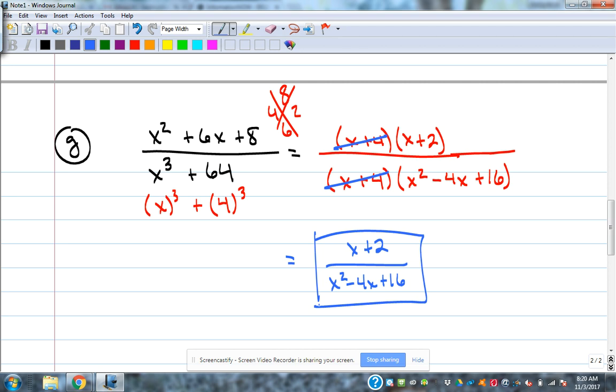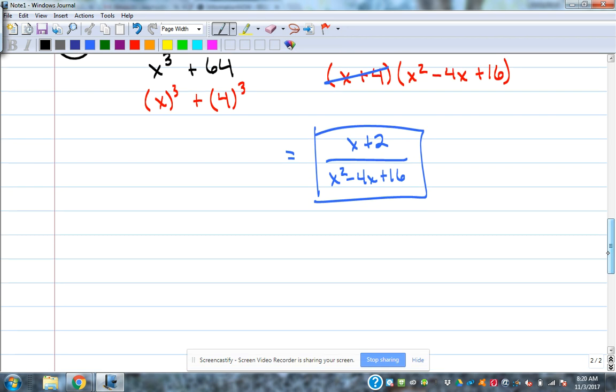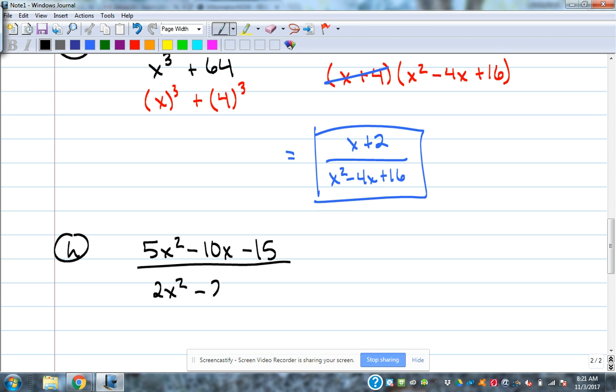And that's the simplified version. A little bit of funner factoring. Let's throw this one out there. 5x squared minus 10x minus 15 over 2x squared minus 2x minus 12.